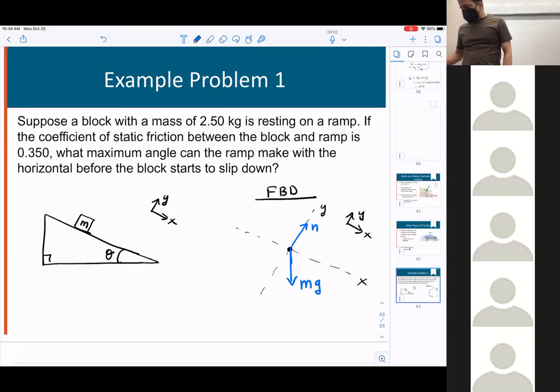And then there is the force of static friction. In particular, it's on the verge of slipping, right? So we've drawn this at the critical angle. That means it has the maximum force of static friction. And so this Fs is Fs max, which will be equal to mu s times N, the coefficient of static friction times the normal force. Any questions on that?